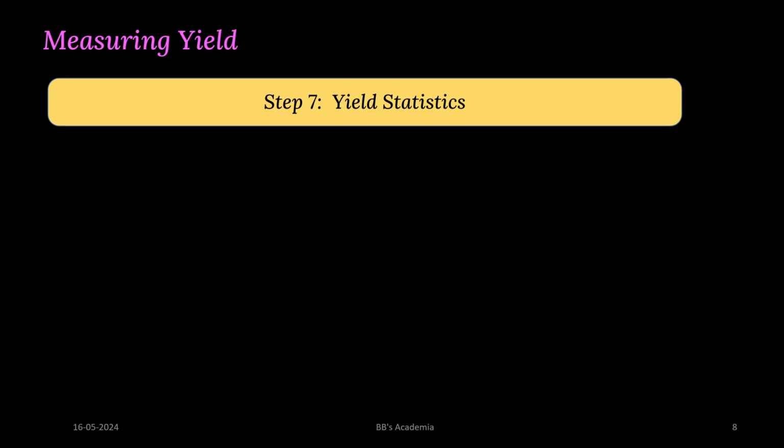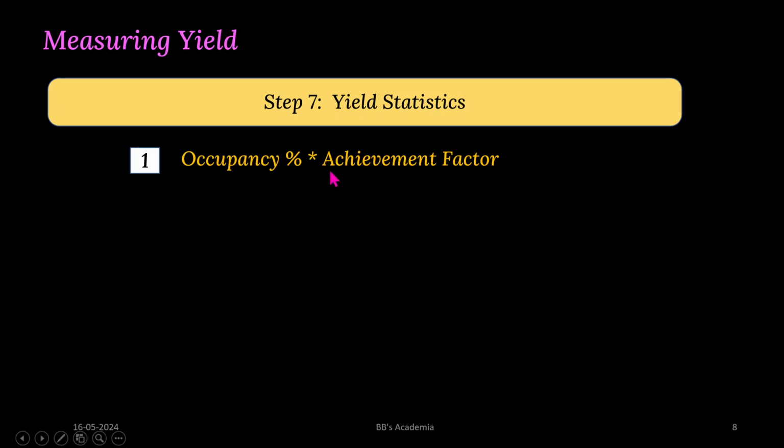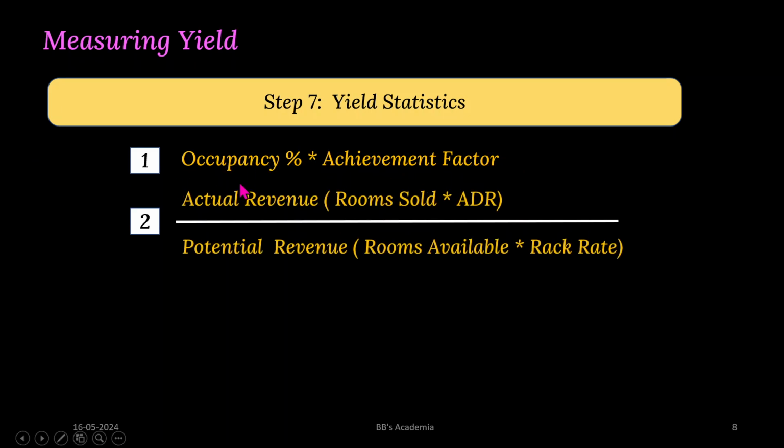In statistics, there are different options through which we can calculate these yield statistics. One of them is occupancy percentage multiplied by achievement factor. Another one is actual revenue, that means rooms sold multiplied by ADR divided by potential revenue, that is rooms available multiplied by rack rate. Already you have done this.